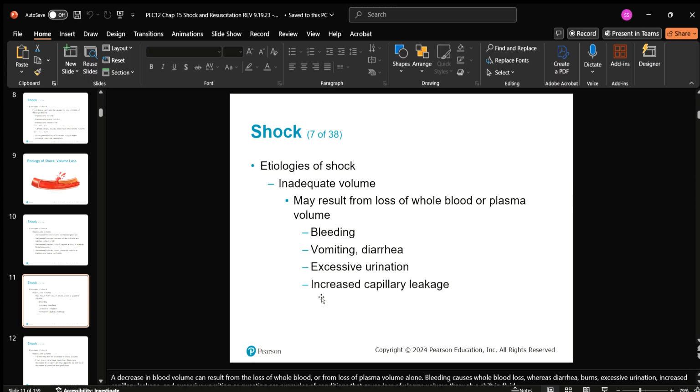All right? And then we also have this option down here, increased capillary leakage. We see that with burns. So these are 4 or really 5 areas where we might have a patient that is going through hypovolemic shock. And the etiology is inadequate volume.